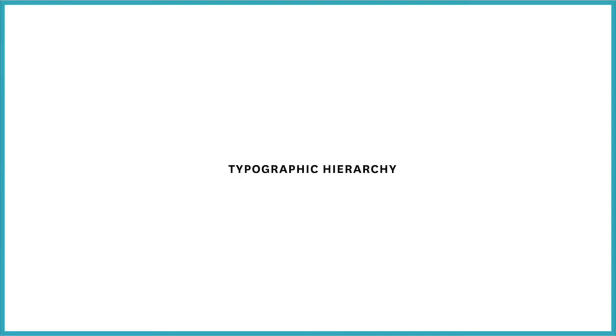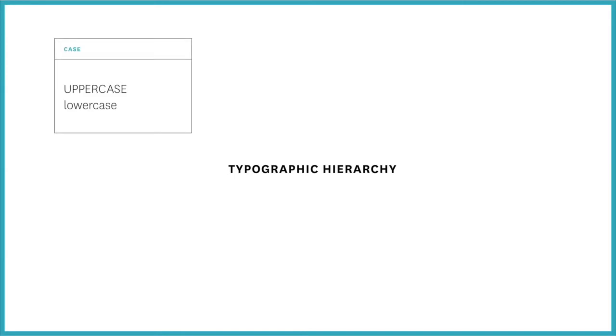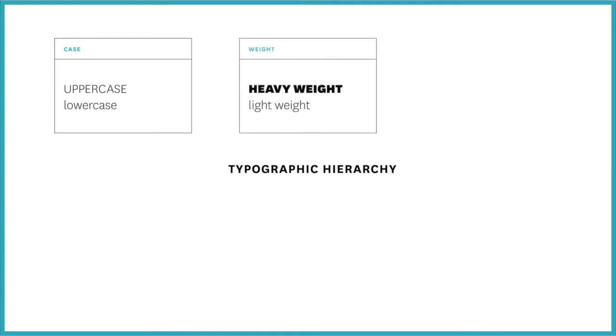This is controlled by the 5 principles of typographic contrast. The first is case, most often observed in sentence structure. Next, weight, defined by the thickness of individual letter strokes.